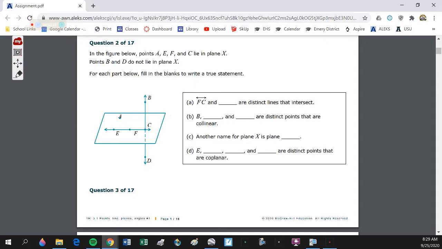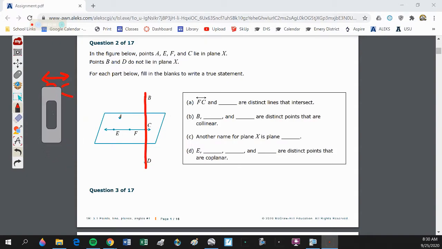So you could name this line, it's this one right here. You can name it all sorts of things. It can be BC, or it can be CD, or BD, or you could even flip them around so that you get the other version. Okay, so DB would also work.